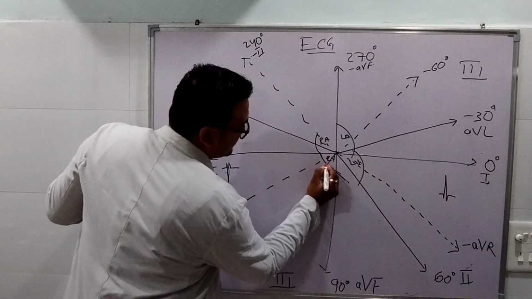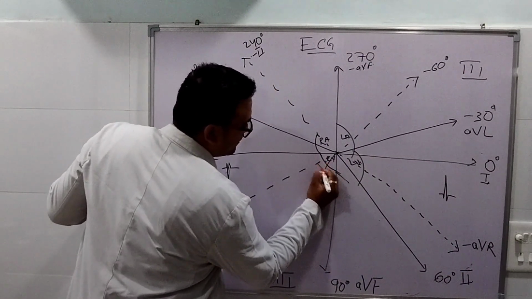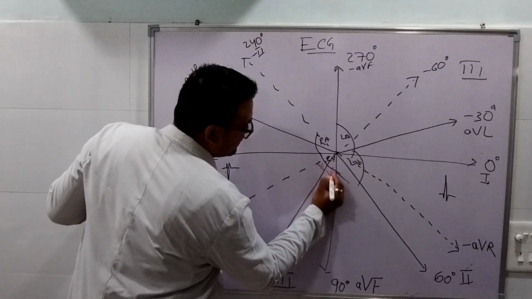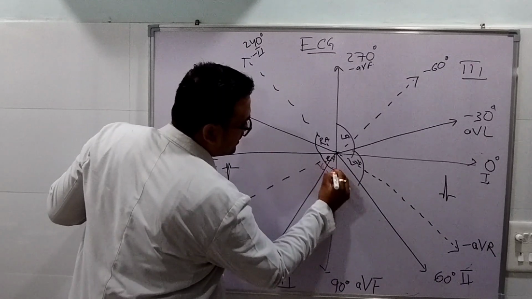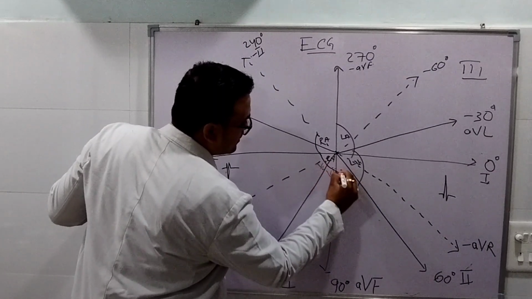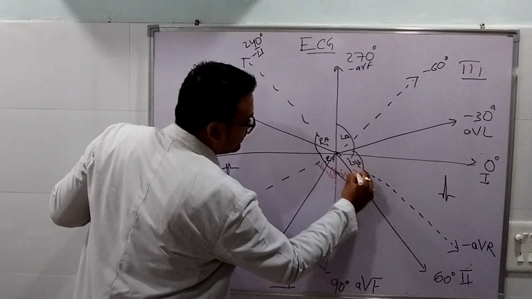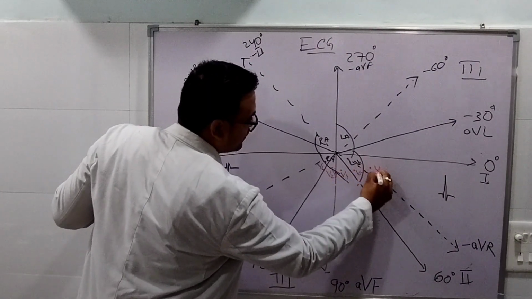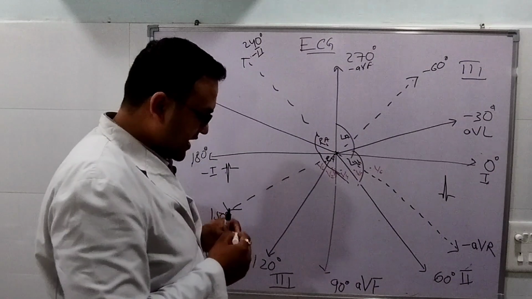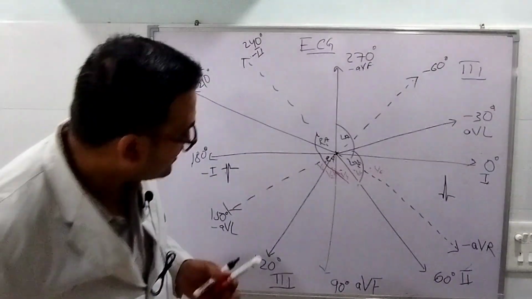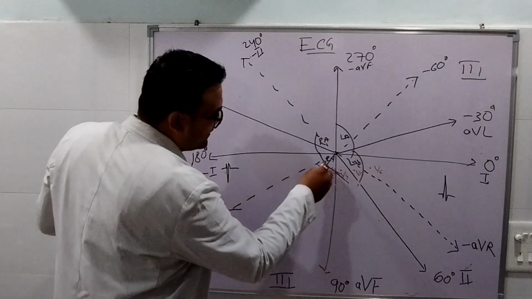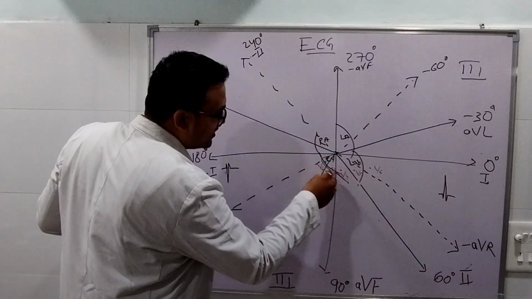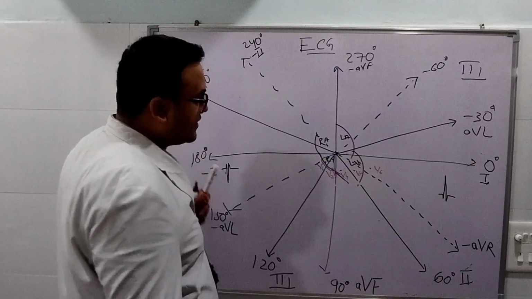The chest leads are placed like this: lead V1, V2, V3, V4, V5 and V6. So as you can see, lead V1 and V2 are looking at the right ventricle.